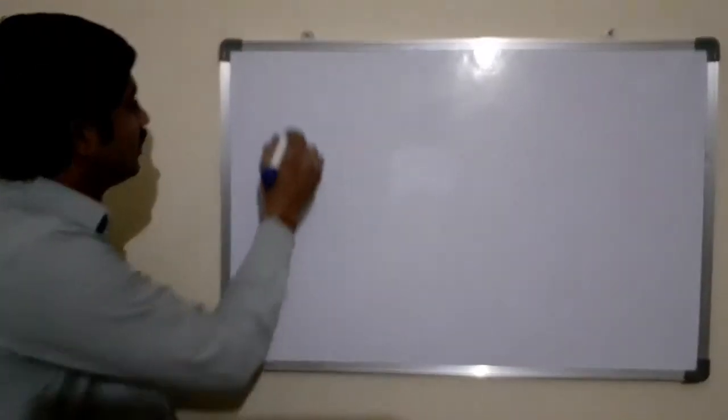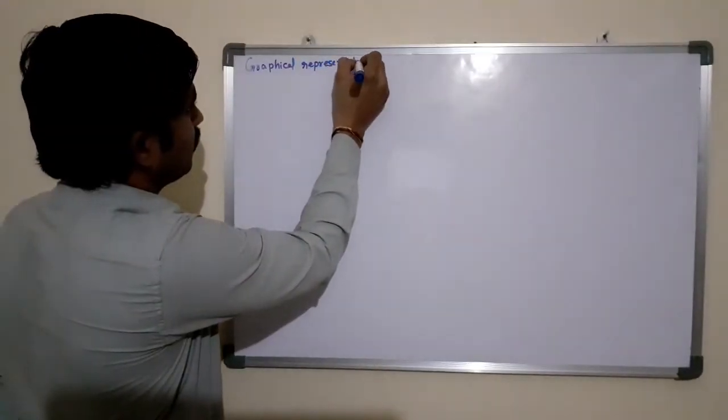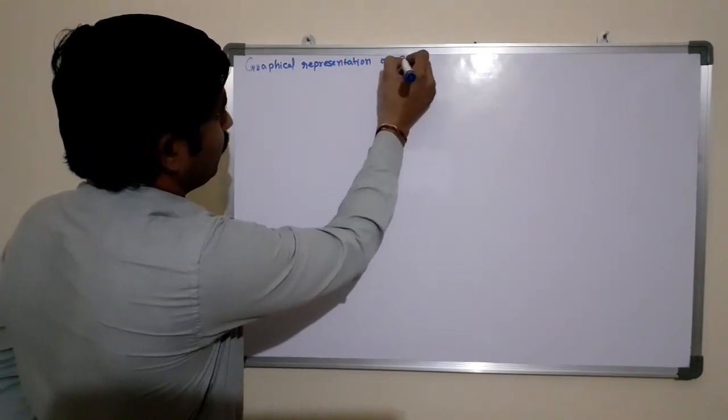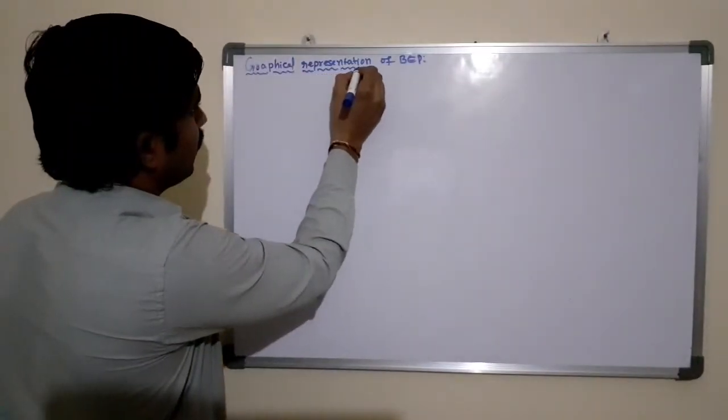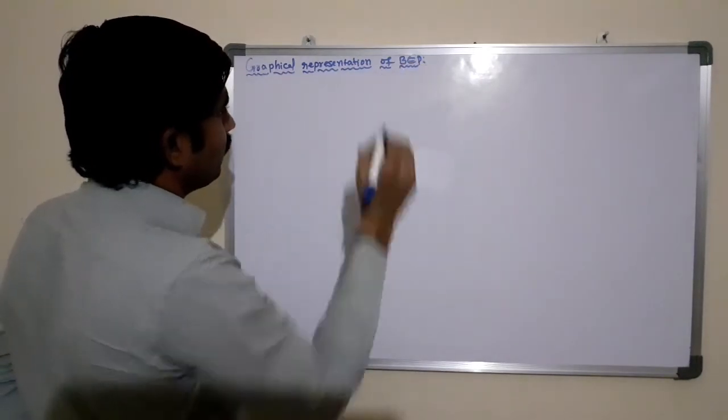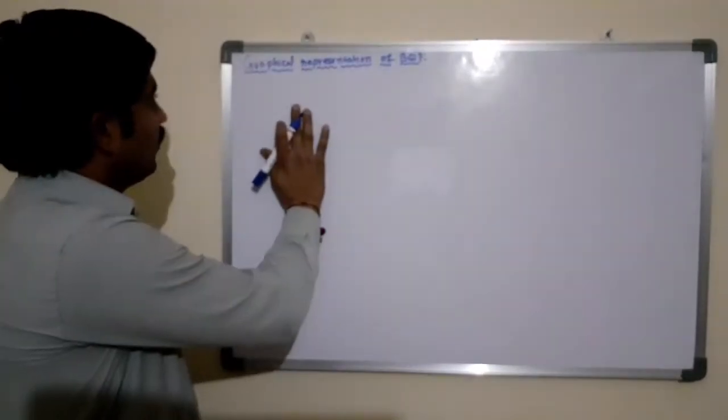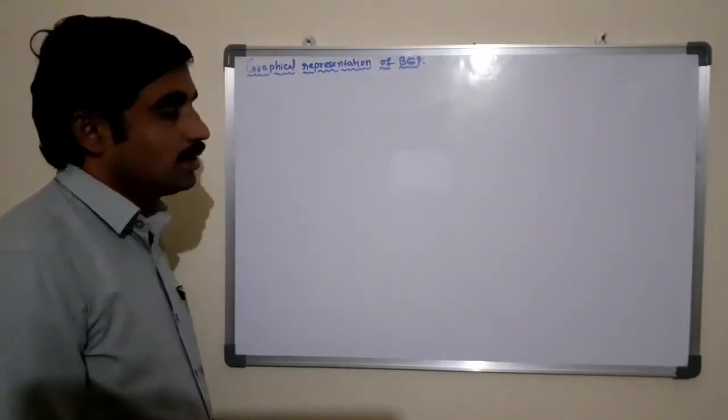Now the heading is graphical representation of BEP, that is break-even point. Graphical representation of break-even point. So by using the break-even schedule, now we are constructing the break-even point chart or the break-even point graph.